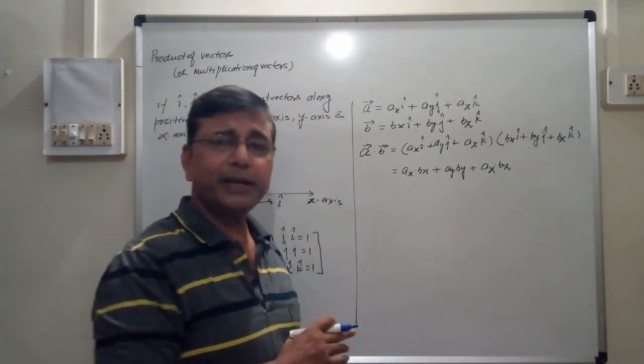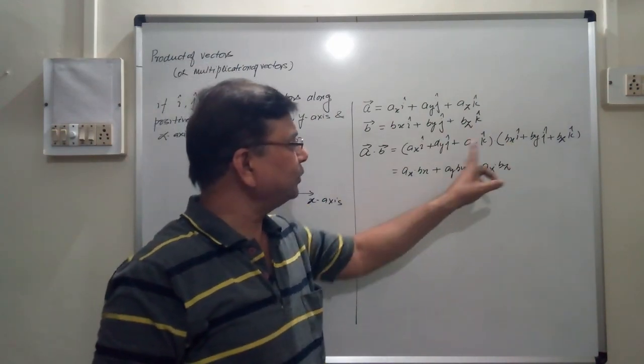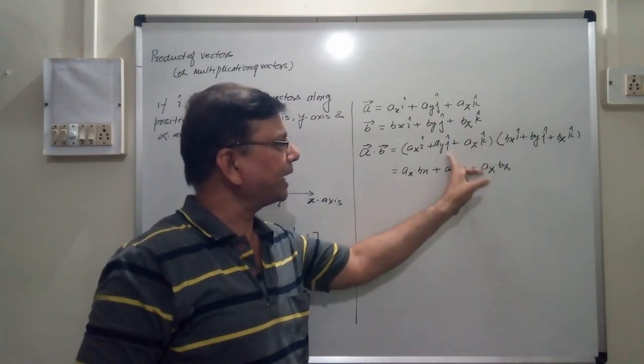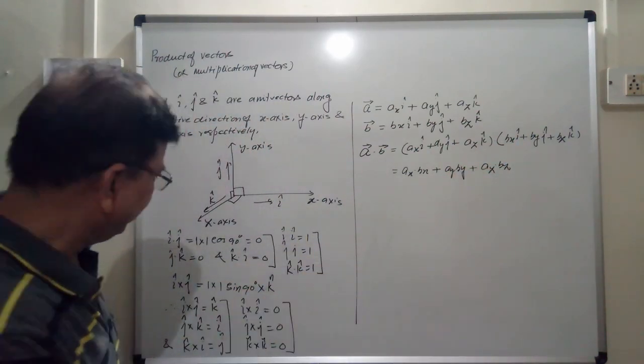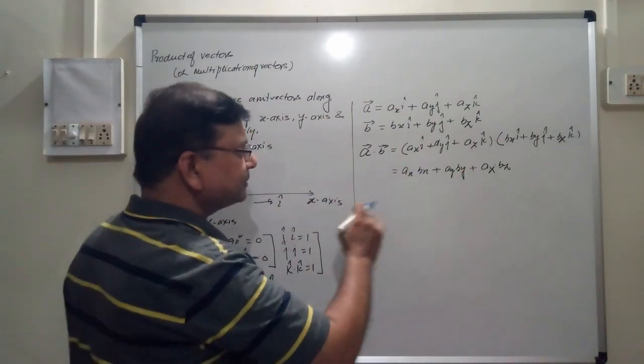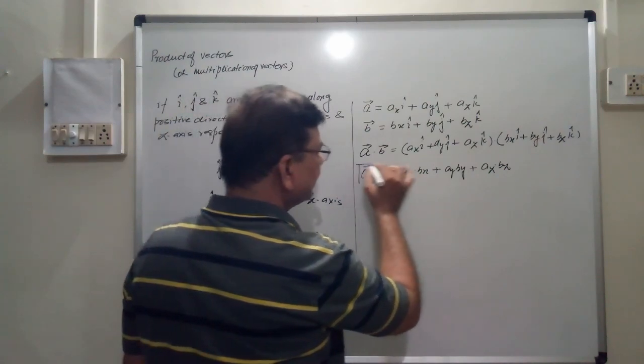Rest of the terms will become 0. ध्यान से देखो कि I को इससे मल्टीप्लाई करेंगे, J डॉट I और I डॉट J, it is commutative, so I डॉट J is 0. बाकी के सभी टर्म्स 0 हो जाएंगे, that is A dot B is equal to this.